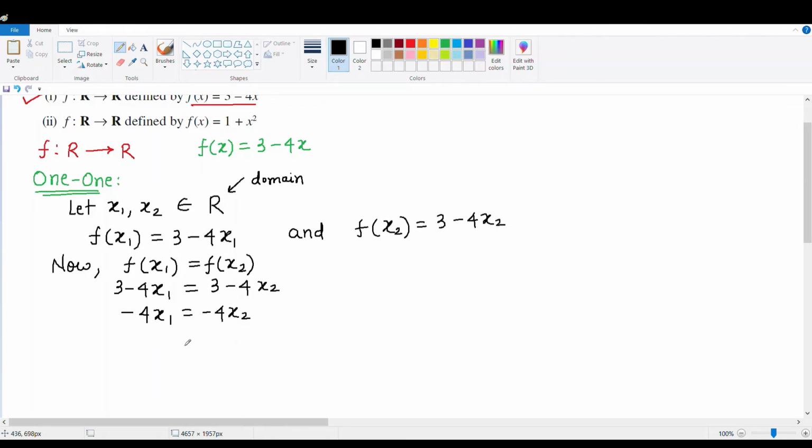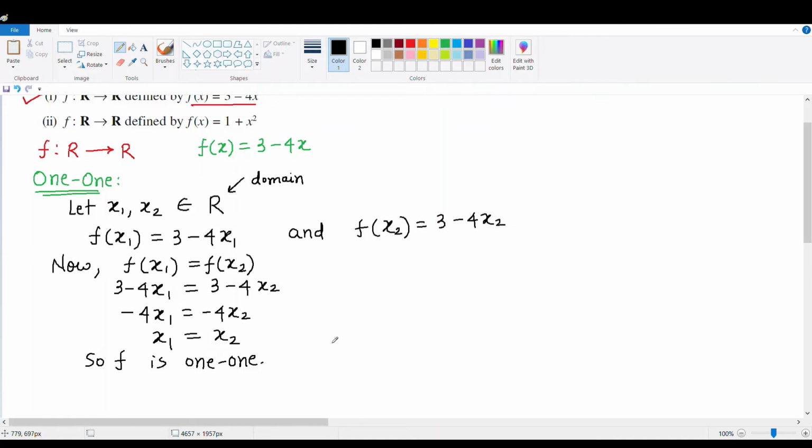Again, negative 4 and negative 4 can cancel out. So you actually got x1 equals x2. So you get the same output for two inputs only when those two inputs are exactly the same, meaning the two outputs are the same only when you are talking about the same element from the domain. So from this result, we can conclude that f is 1-1.